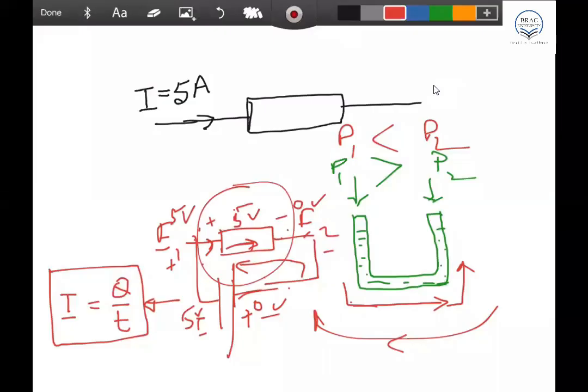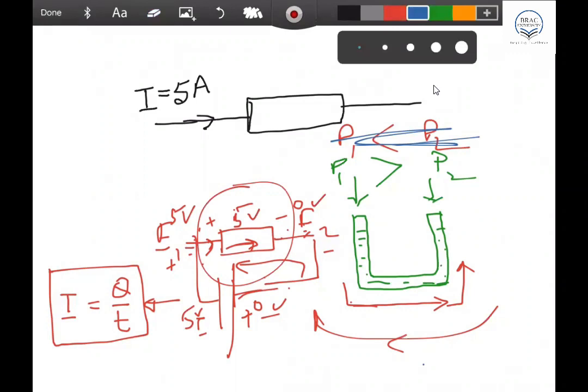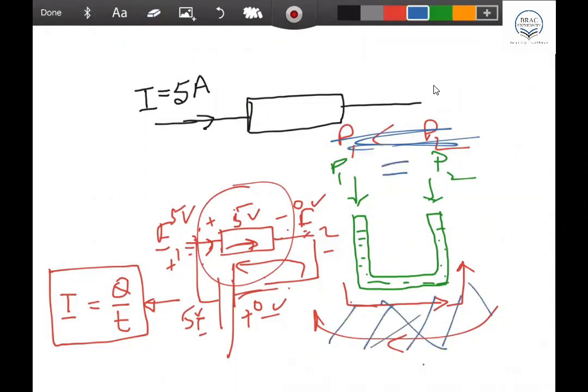Now, if the pressure is equal, then what will happen? There will be no water flow at all. The whole water will be stagnant, because P1 and P2 are equal, the voltages are equal.